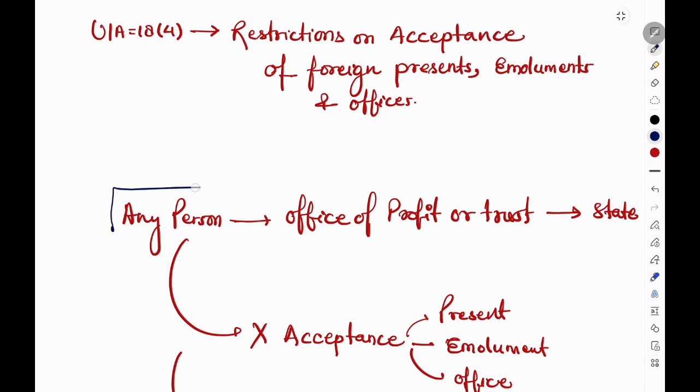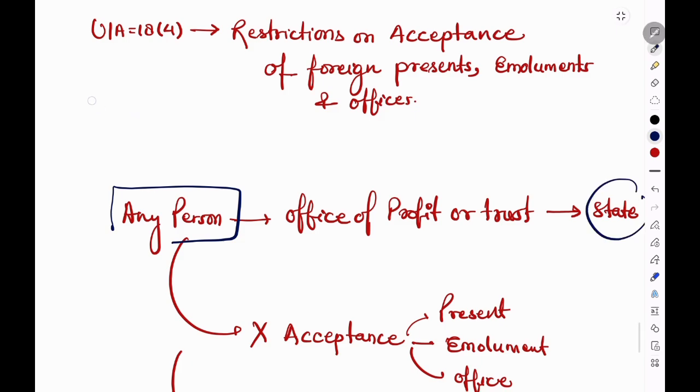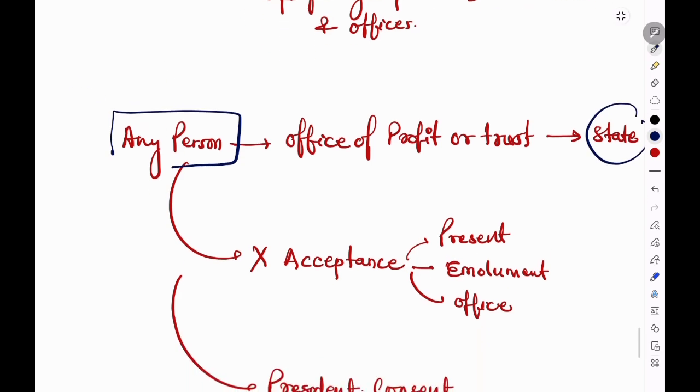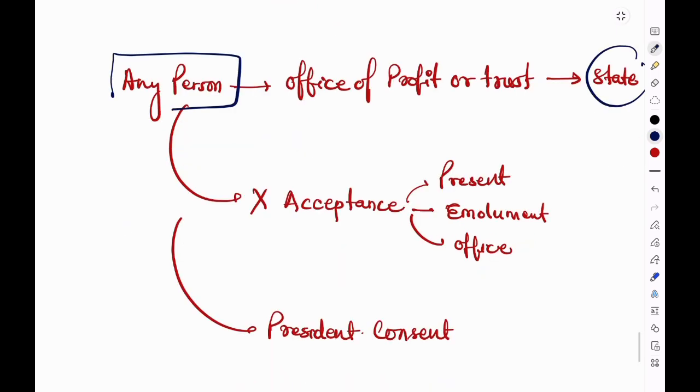It includes both citizens as well as non-citizens holding any office of profit or trust, and it must be connected with some state function, must occupy a position of responsibility under the governmental authority and under the state. If any person holds an office of profit or trust under the state, then without the President's consent, that is without prior approval, you cannot accept.